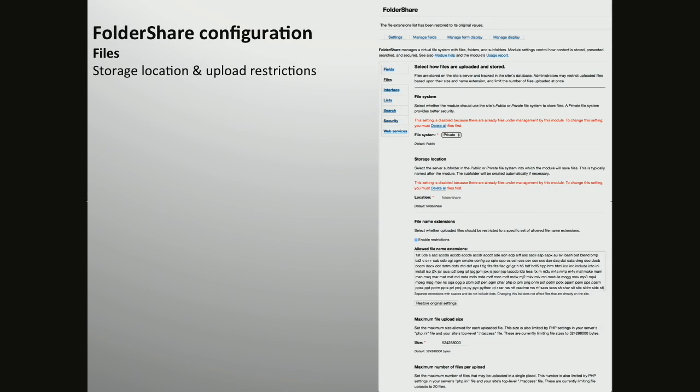If data sharing or access control is important, then the files had better be placed in a private file system. If you store them on a public file system, while the access control will work through the Drupal website, if somebody knows the right URL, they can get to it without any access control. So that needs to be thought about carefully. If those access controls are important, the file system should be chosen as private.